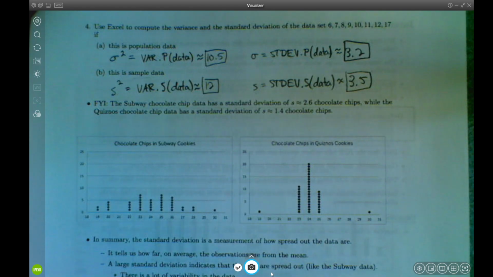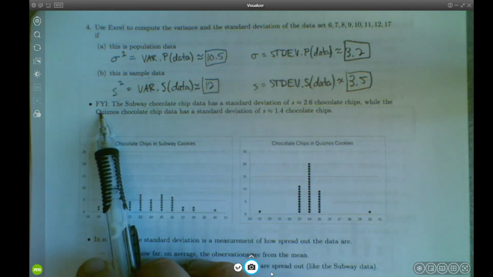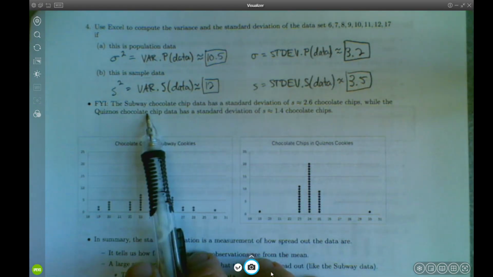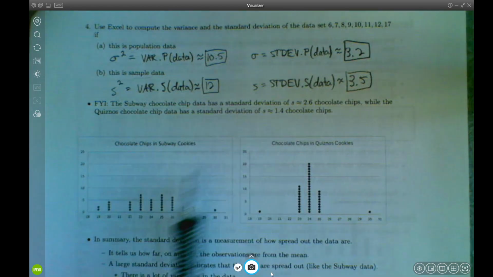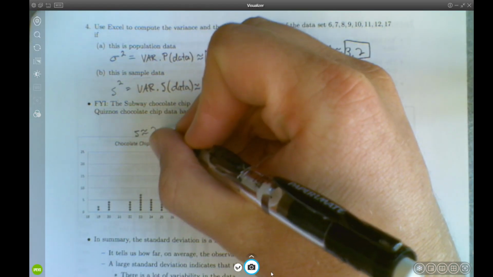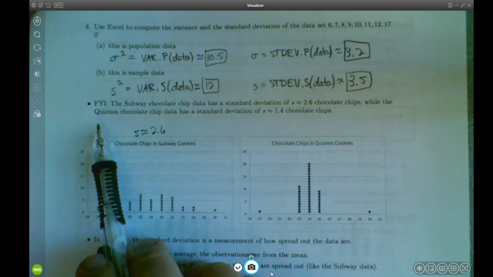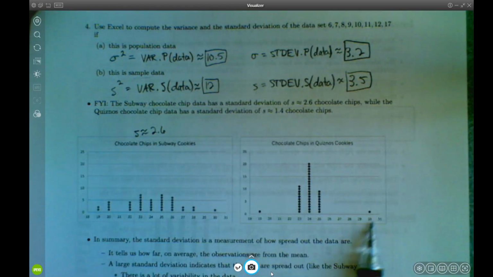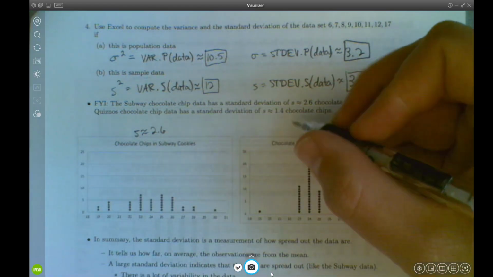Now, it may be interesting for you to note that the Subway chocolate chip data has a standard deviation of 2.6, while the Quiznos chocolate chip data, that's this data here, has a standard deviation of 1.4.